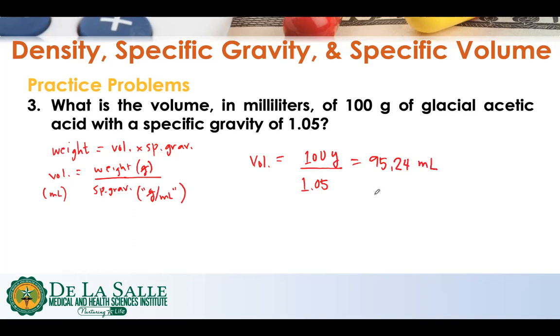Again, employing what we know about the significant figures, we should only express our answer with one significant figure, but it seems to be very difficult in this case, so we'll just keep this answer at the moment. 95.24 ml, or about 95 milliliters. And that ends our discussion of density, specific gravity, and specific volume.